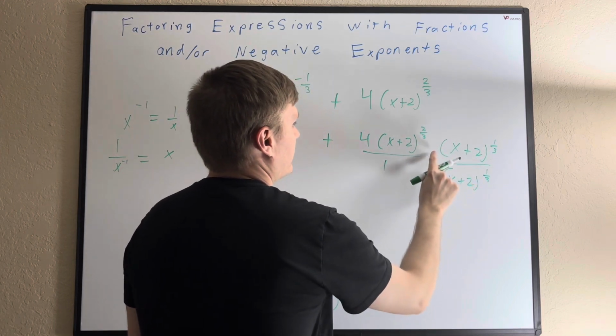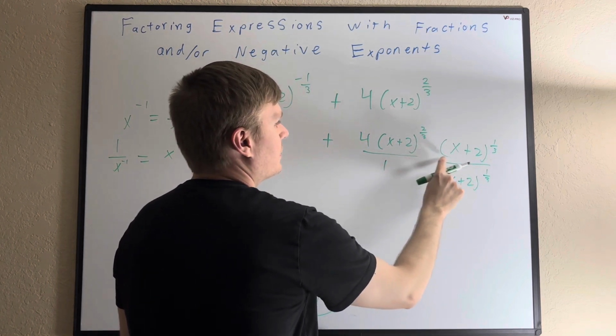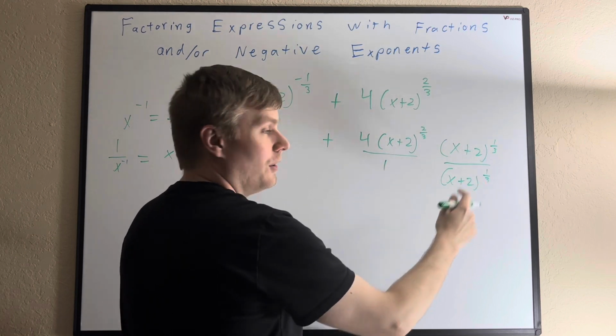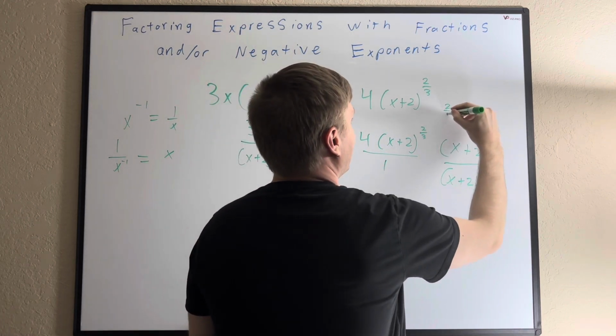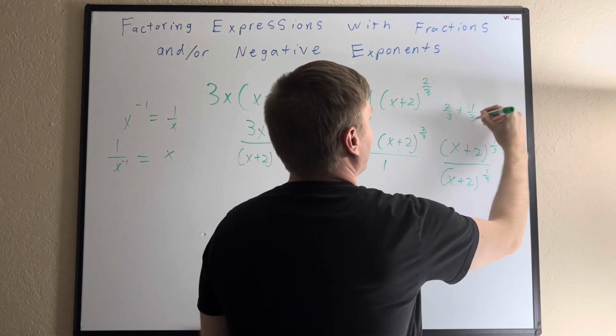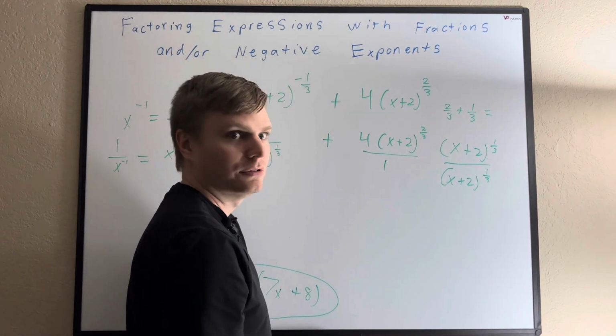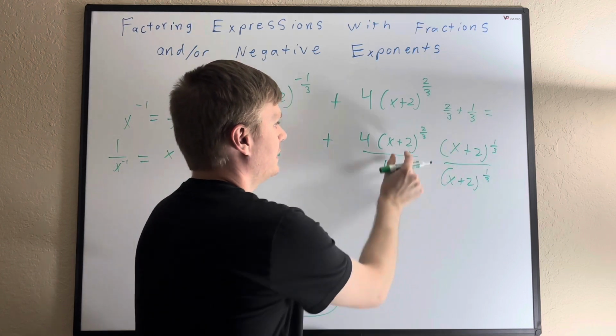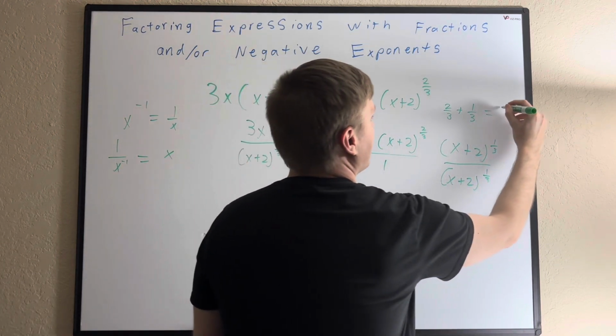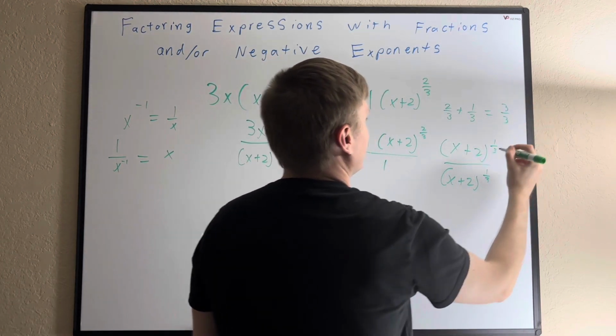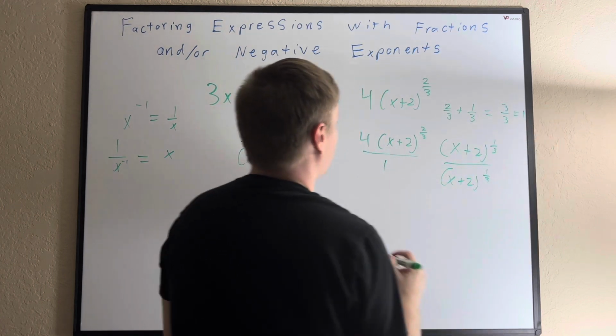So let's do this. x plus 2 to the 2/3 times x plus 2 to the 1/3. Well, we just add those exponents together, right? So it's just 3 over 3, which is just 1.